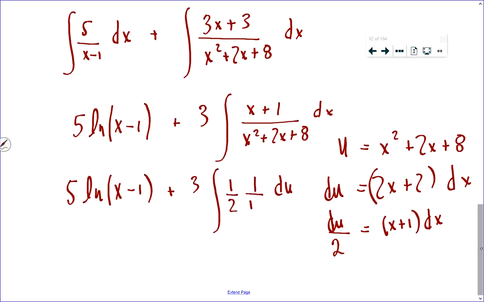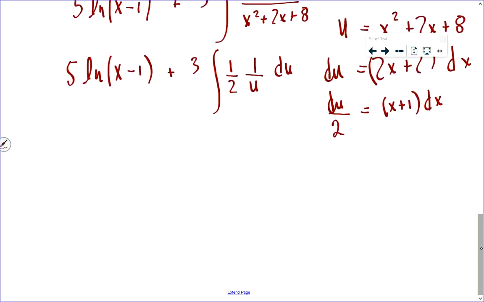And this is 1 over u, because the x squared plus 2x plus 8 is u. So we get 5 ln x minus 1 plus 3/2. You could probably do this next bit of business all in one shot. It's your call. I'm just going to move that 2 out first. Now I can integrate 1 over u du.